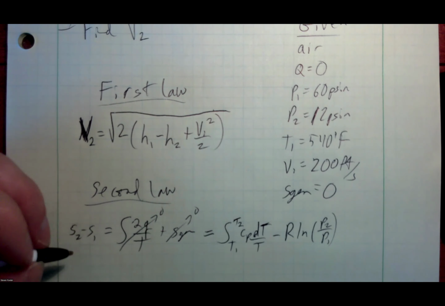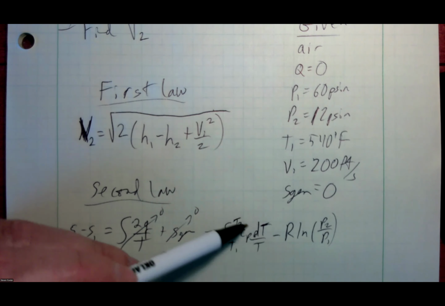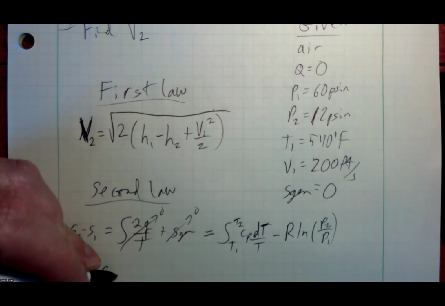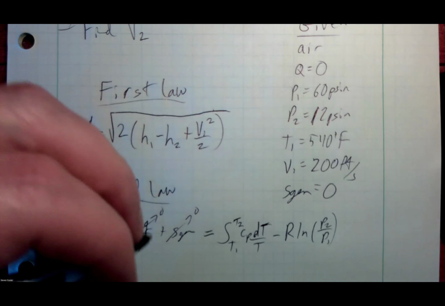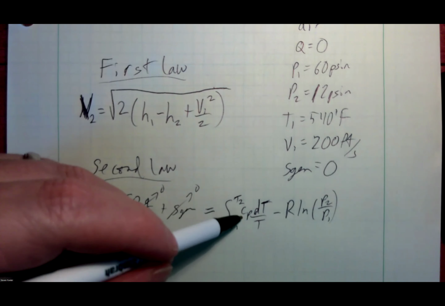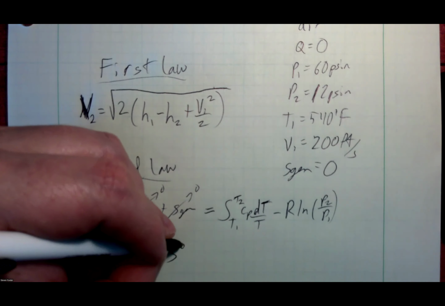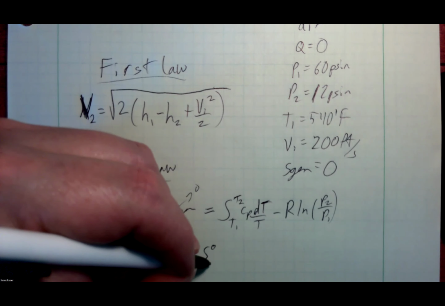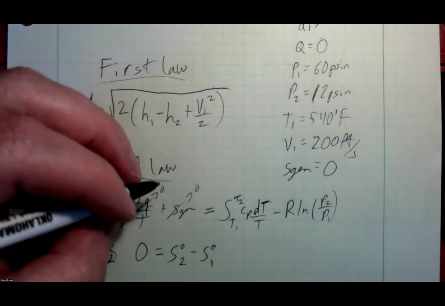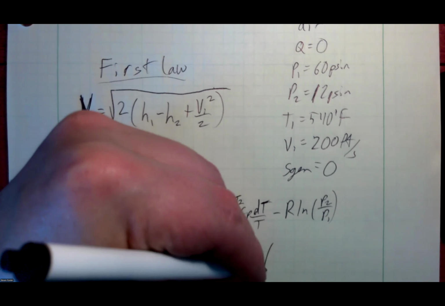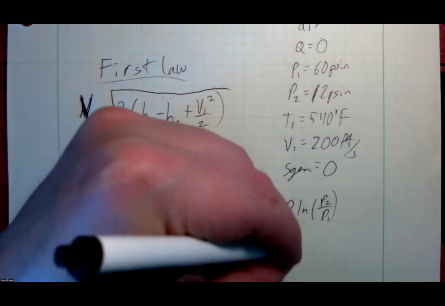But at any rate, if we're going to use variable specific heat, instead of doing this integral or treating c sub p as constant, we say S2 minus S1, which is 0, equals S naught 2 minus S naught 1 minus R ln P2 over P1.